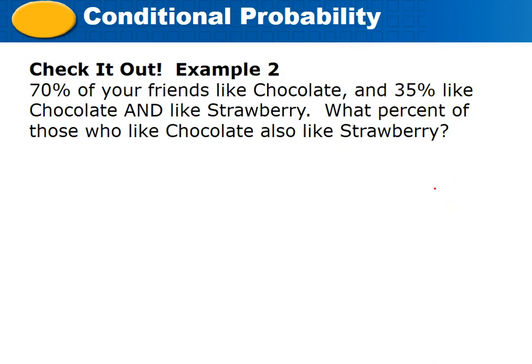So check it out. Example 2 says 70% of your friends like chocolate, 35% like chocolate and strawberry. What is the percent of those who like chocolate that also like strawberry? Okay, so again, here we're looking at the "and." So we're looking at chocolate and strawberry over the percent of just chocolate.